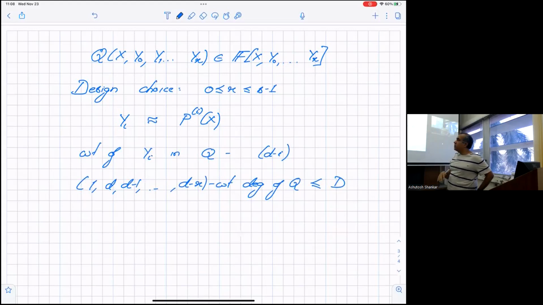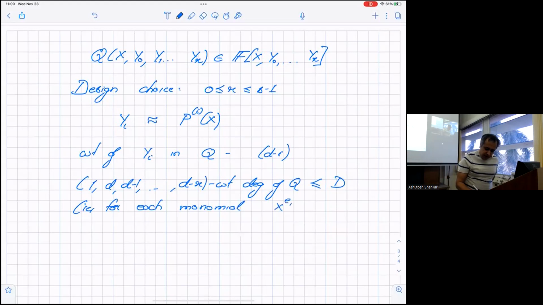Therefore, this will be the degree of r. That's why the weighted degree was defined this way. So that is, for each monomial x power e.